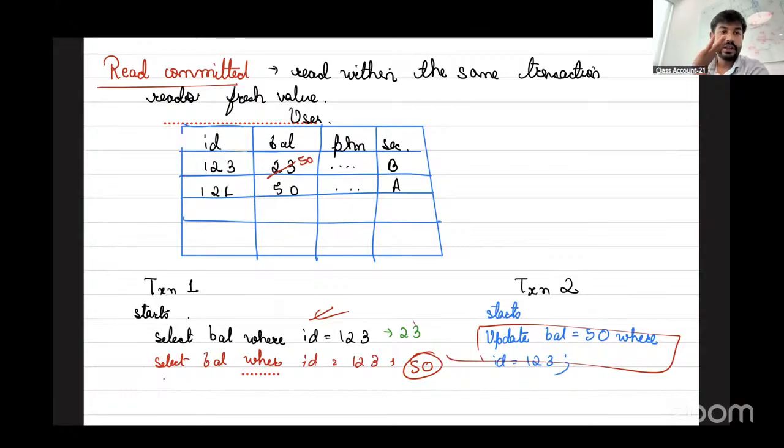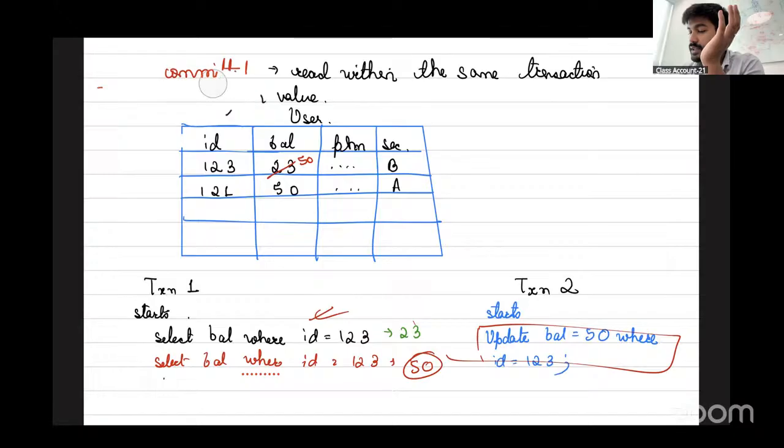This is what is there. That is why we term it read committed. Now let's head back.